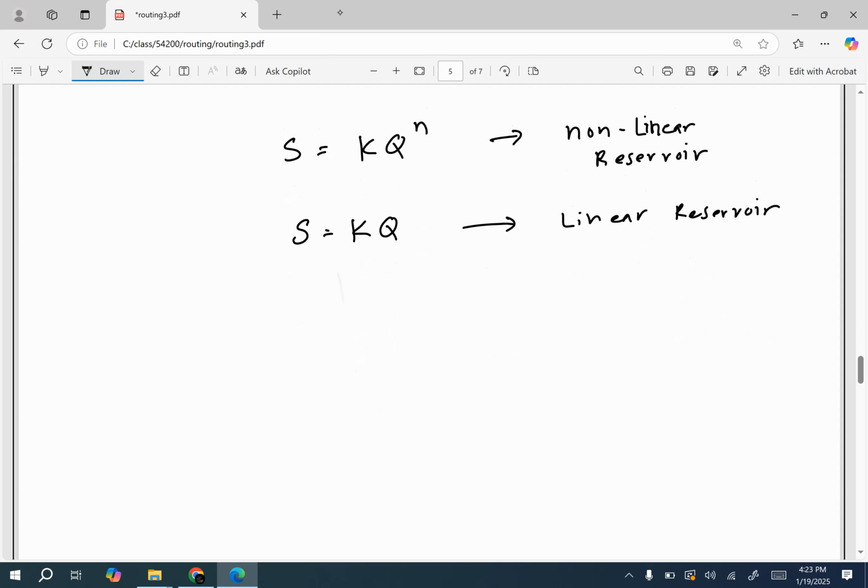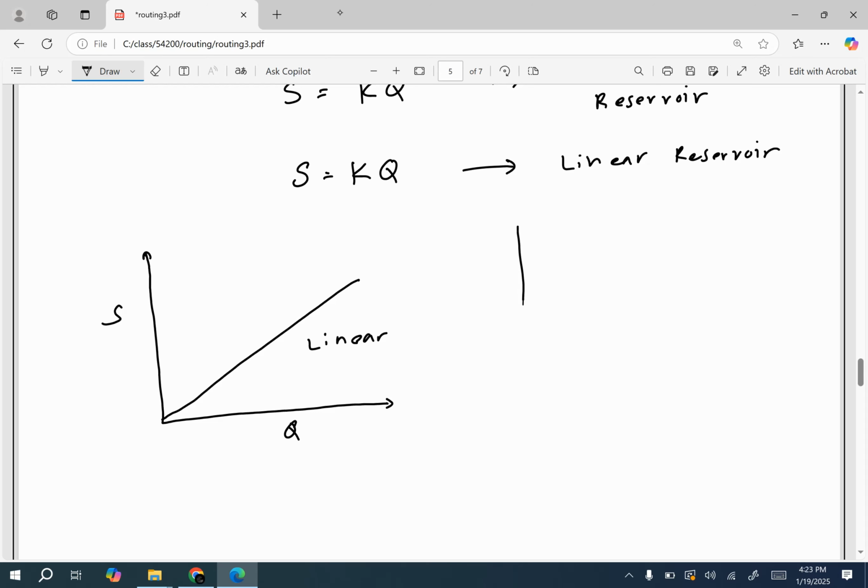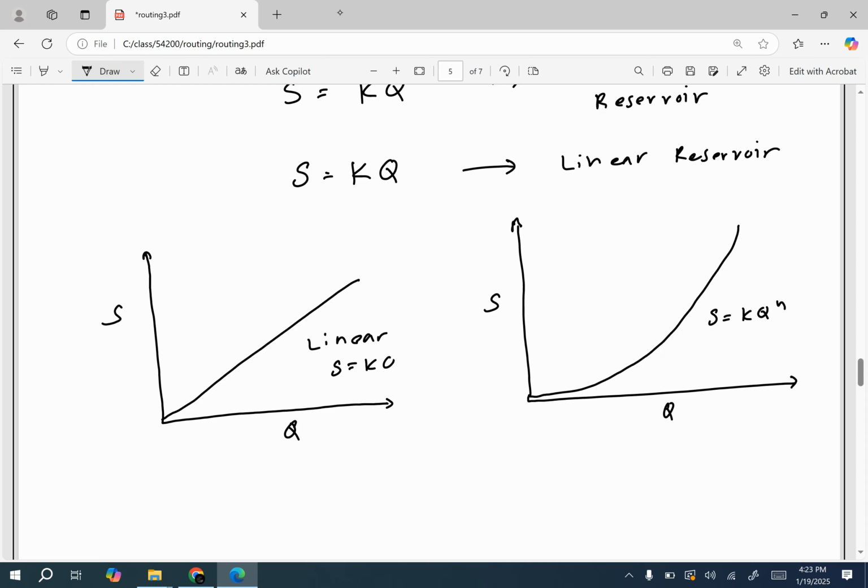If I plot this relationship, it may look something like this. This will be linear, and this will be non-linear. S is equal to KQ to the power of N, and S is equal to KQ.